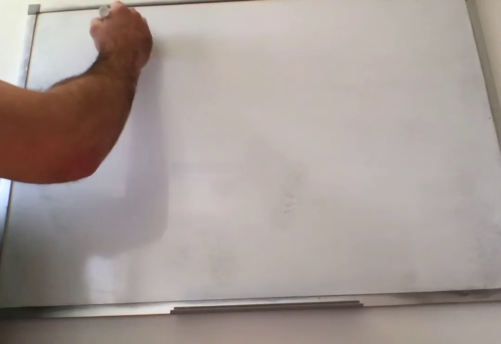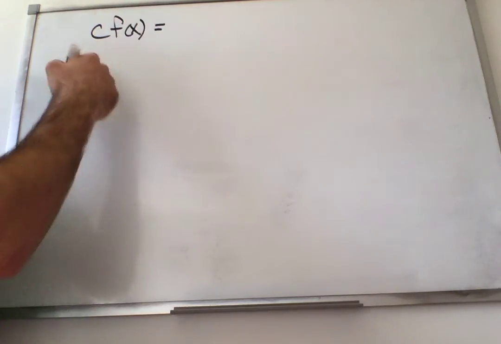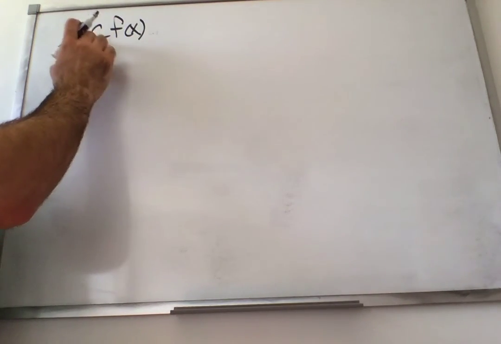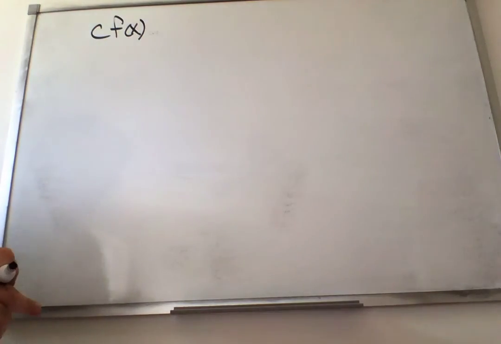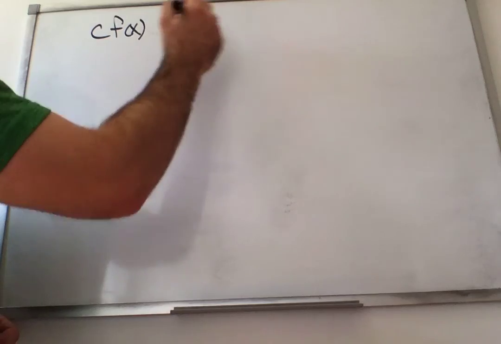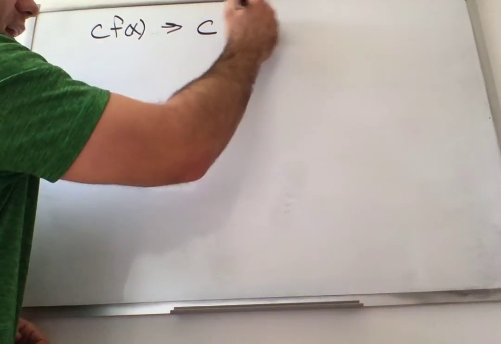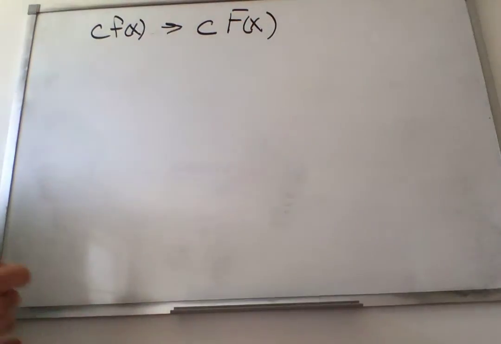The first one says c times the function of x, all this is saying is if you have a constant that you can factor out of your function, then when you find the antiderivative, it's the same thing as that constant times the antiderivative. The next one says that if you have two functions and you're adding them, all you do is find the antiderivative of the first one, add it to the antiderivative of the second one.